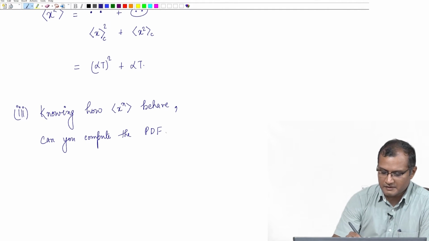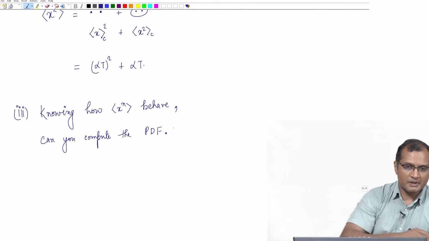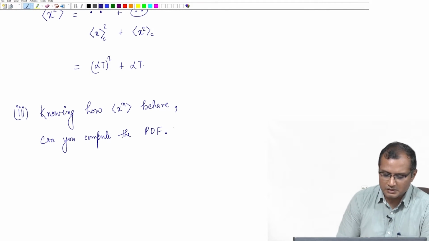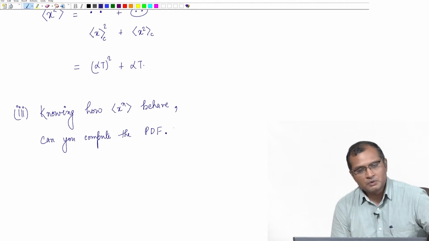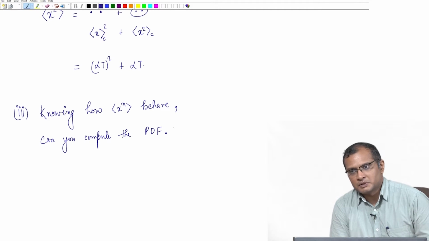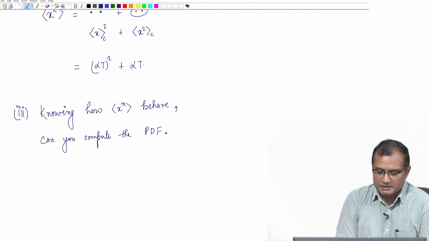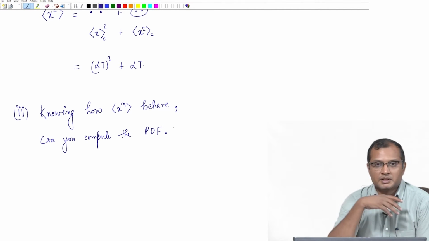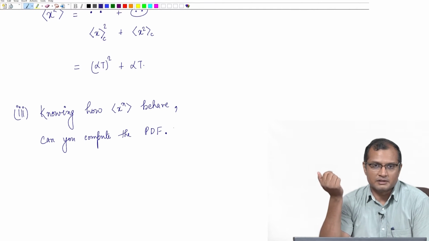This problem has interesting applications if you know, for example, if you do not know the form of a signal, but you know basically the averages and the cumulants of a signal, then you can actually compute the waveform.